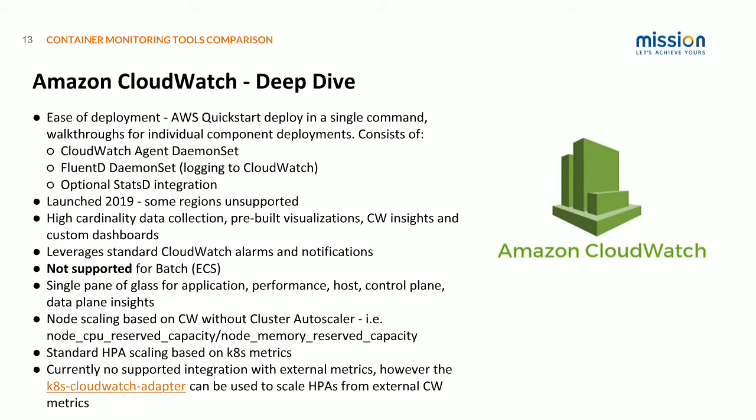The specific sub-product, if you will, is called Container Insights. Right out of the gate, Container Insights is incredibly easy to deploy. AWS provides a quick start, which is essentially just a bundled bunch of YAML, but it's a one-liner install that you replace your cluster name and the region.